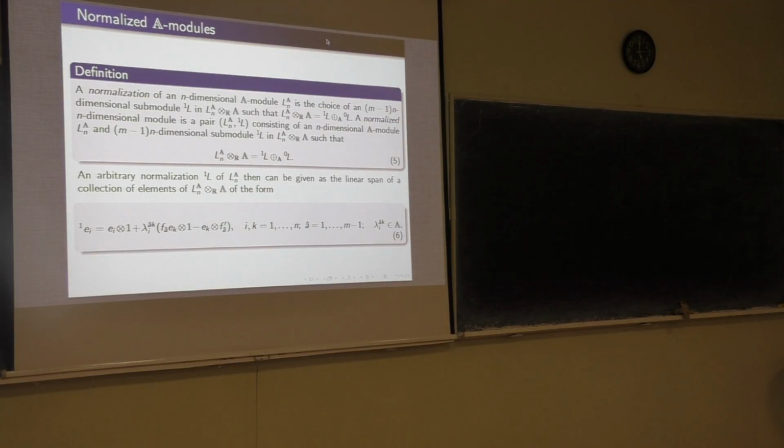And finally we can define a normalized A model. A normalized A model is a model LA with the choice of the module L1 such that there holds such a decomposition of the tensor product. A module LA with a normalization chosen is called a normalized A module. Here you can see the basis elements in the normalization.